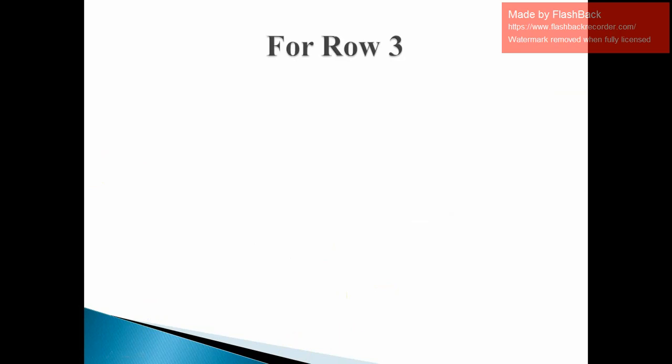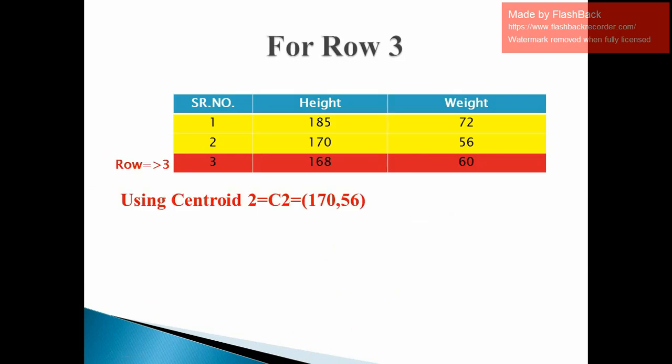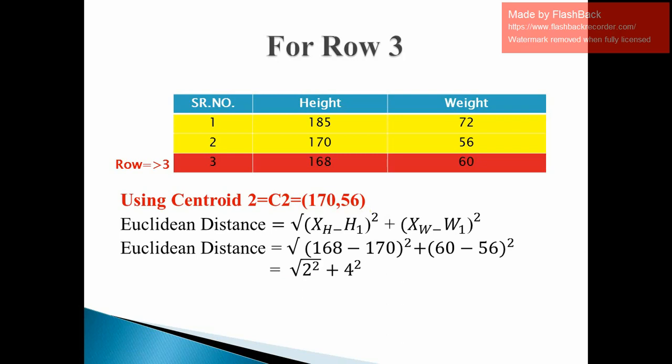So we will calculate again for row 3 using centroid value 2, that is C2, 170 and 56. Again we are using the same formula of Euclidean distance and putting the values in it. It will be 168, the observation value, minus 170, that is the centroid 2 value.